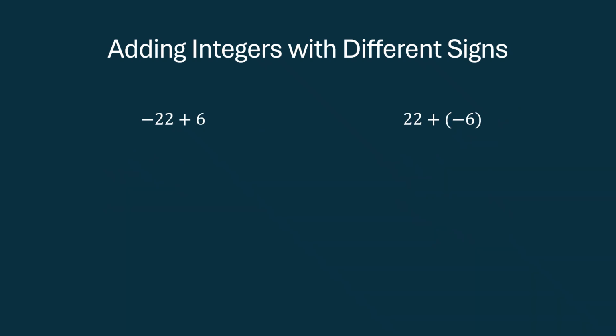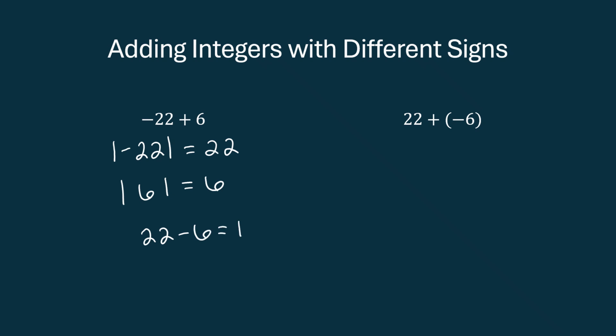Looking at another example, if we have negative 22 plus 6, and we take our absolute values, so absolute value of negative 22 is 22, absolute value of 6 is 6, subtract the numbers, largest minus smallest, and we're going to get 16.